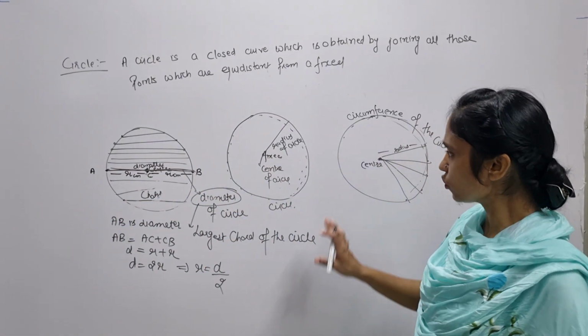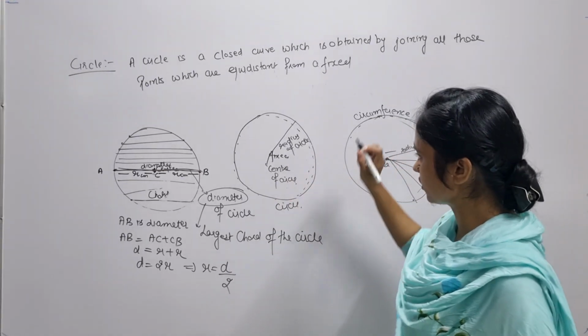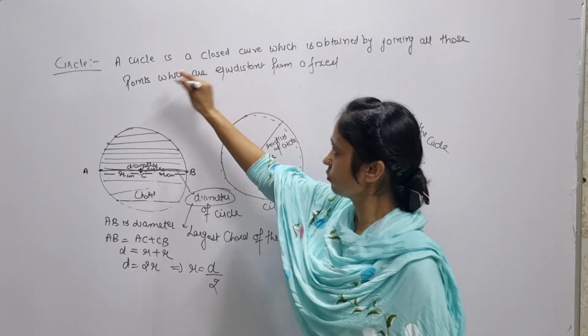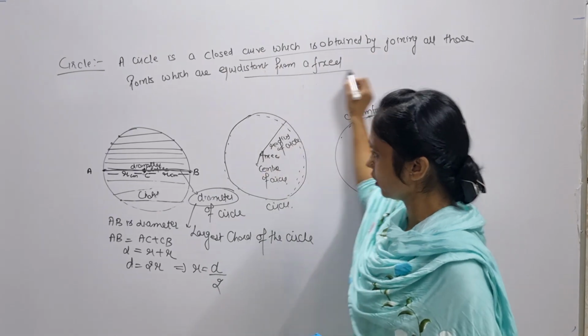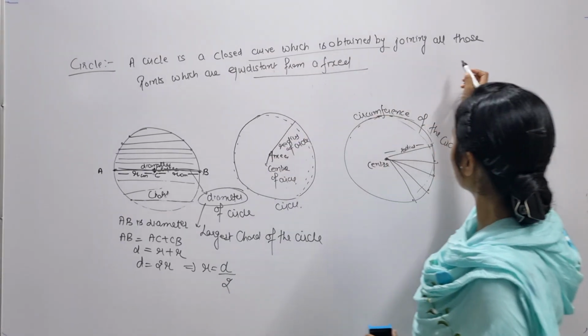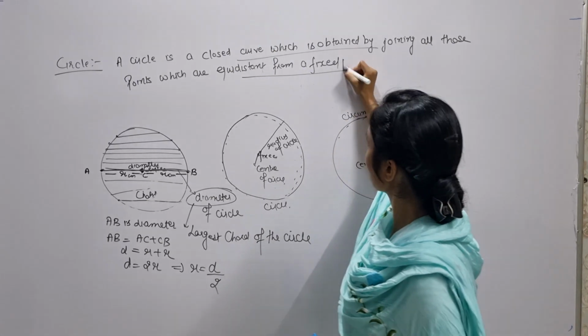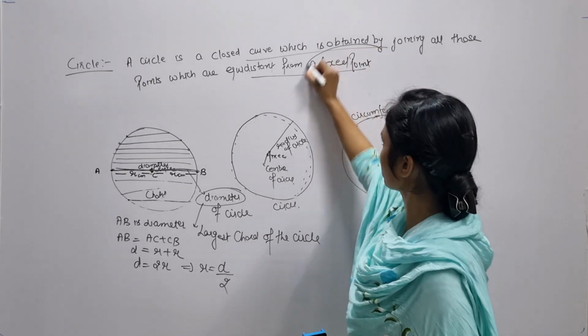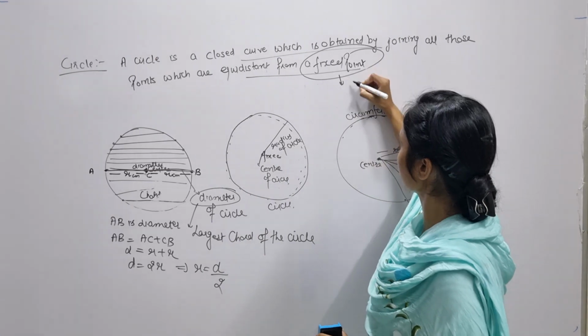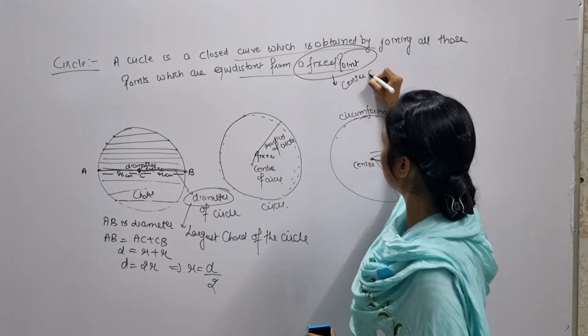Okay, so till now we have discussed how a circle is obtained. That fixed point which we have used here is the center of the circle.